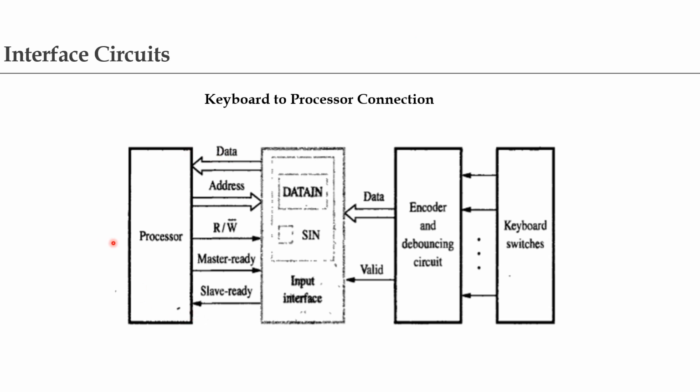The processor checks its lookup table to translate the scan code into a meaningful character or function. The processor processes the key press, displaying it on the screen, executing a command, or performing another action as required.